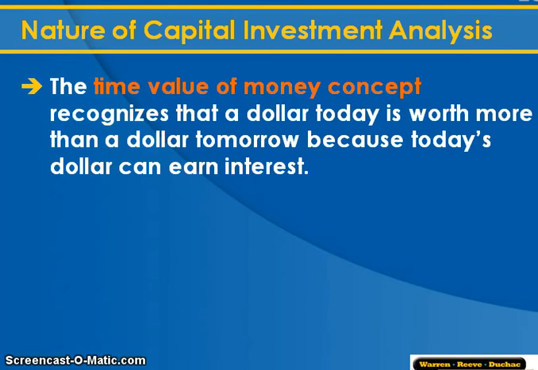Have you ever played the lottery? Usually you choose whether you are going to go with the cash payout method or the annuity method. If you go with the annuity method, maybe you win $20 million, but if you go with the cash payout, you get something like $8 million.